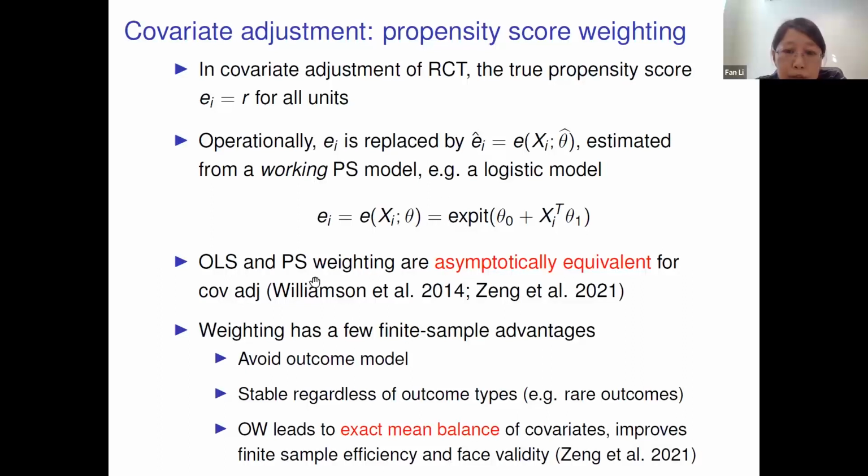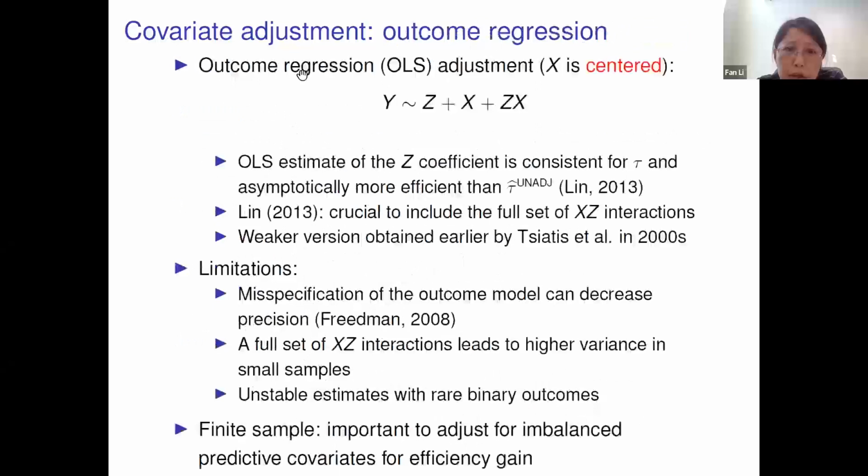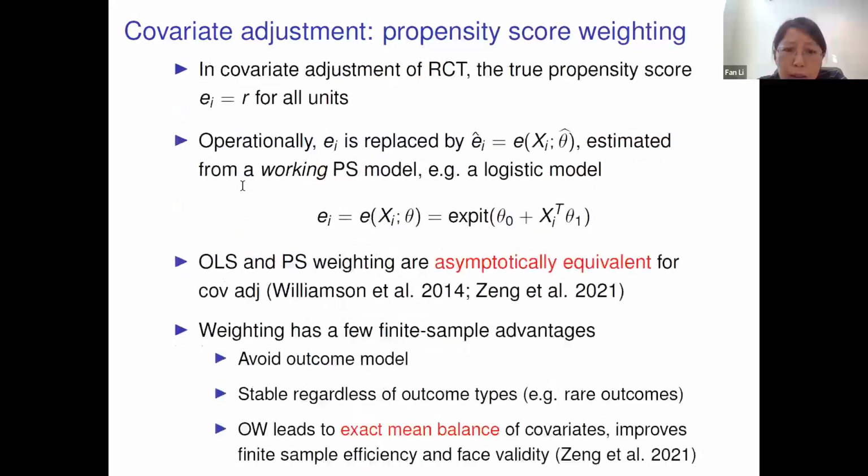And we have shown, and Williamson et al. have shown, that ordinary least squares and propensity score weighting are asymptotically equivalent. In many cases they also have very similar finite sample performance.